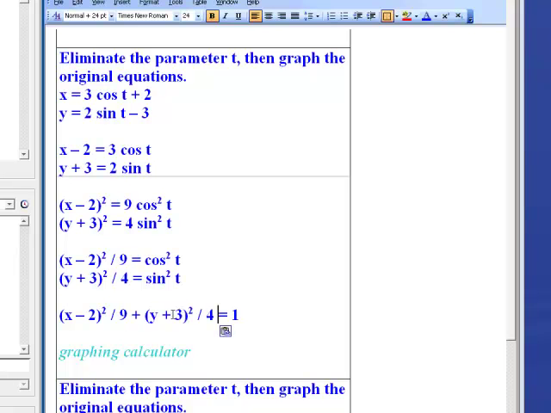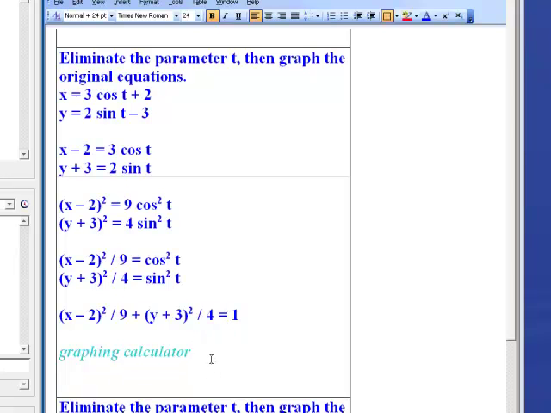And because of these unequal denominators of 9 and 4, which are actually 3 squared and 2 squared, this is not going to be a circle, it will be an ellipse. As I said, this is really going to be strange to graph right here, but that's what we're supposed to do, eliminate the parameter t.